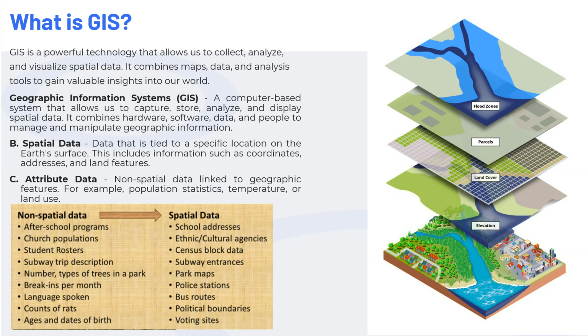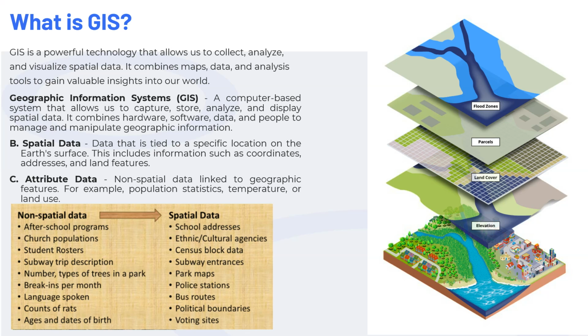It's a computer-based system that allows us to capture, store, analyze, and display spatial data. There are two kinds of data: spatial data and non-spatial data, meaning attribute data. This is actually a practical thing, much more practical than theoretical work. Spatial data is whatever data we collect from space, meaning for a particular location.